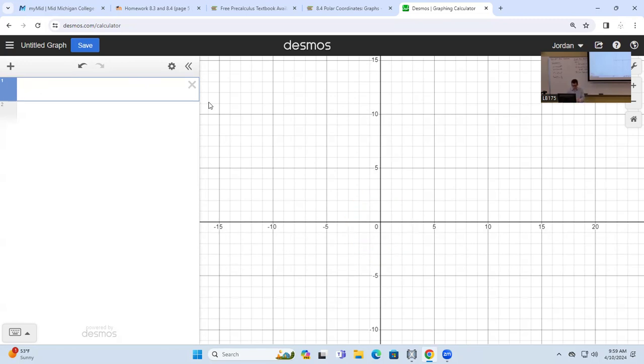How about this? What if you did theta equals, let's say, pi over 3? Well, it turns out Desmos is not going to recognize that in polar.